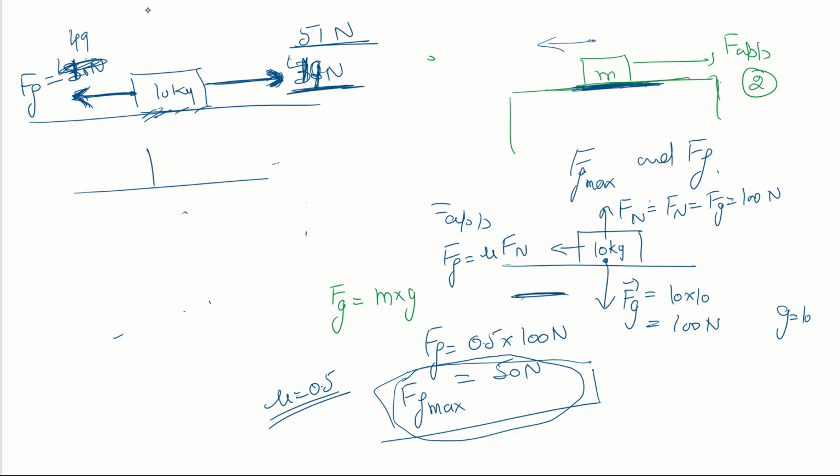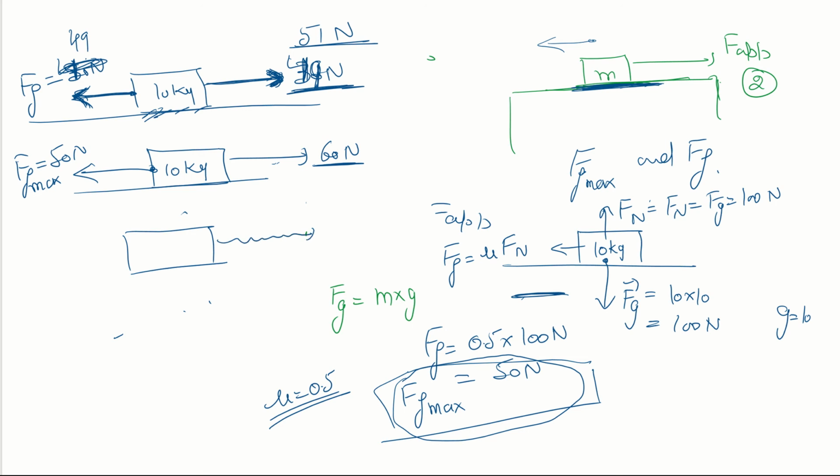Now I start applying, same object, same surfaces, 10 kg object, a force of 60 newtons in the forward direction. The maximum force of friction which can apply is equal to 50 newtons. So now you've crossed that barrier. Now the rest of the 10 newtons of force will make this object move in the forward direction.